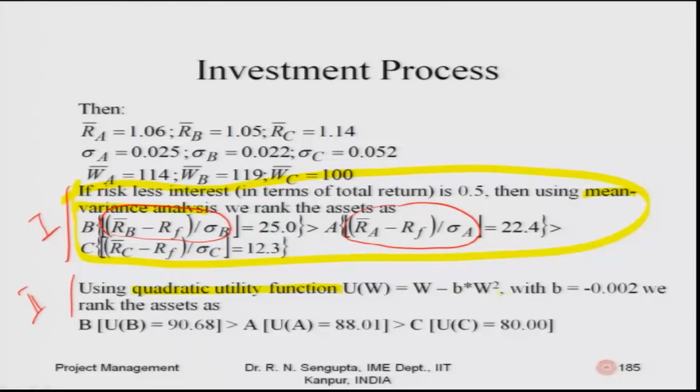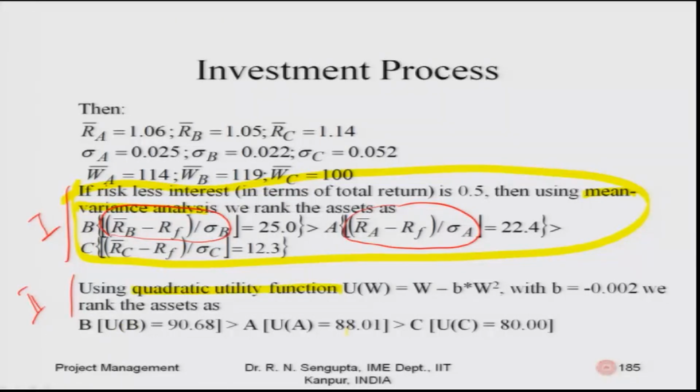So, a quadratic utility function is given where B is minus 0.002, and what we do is that based on the prices, here return and standard deviations are not coming into the picture. Based on the prices, we found the utility functions and they come out to be 90.68 for B, where the price is given as 119.